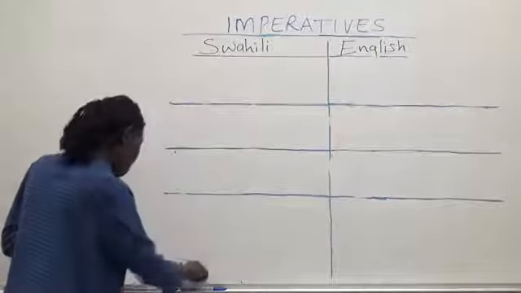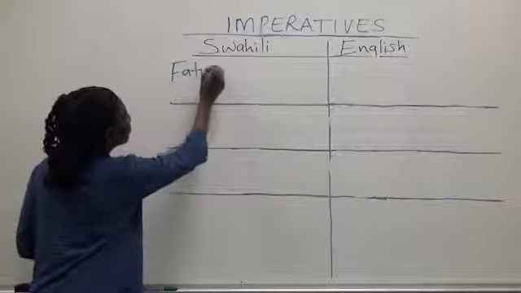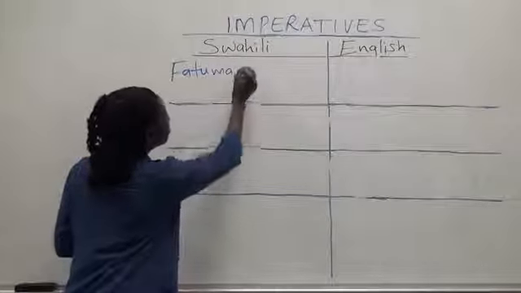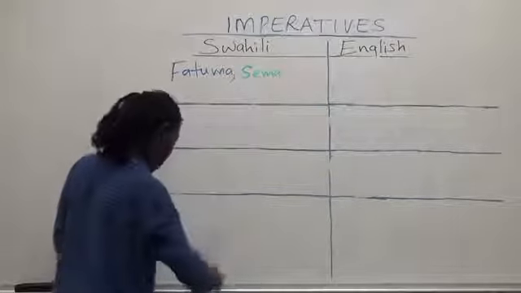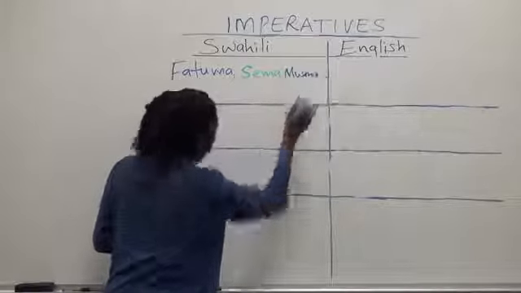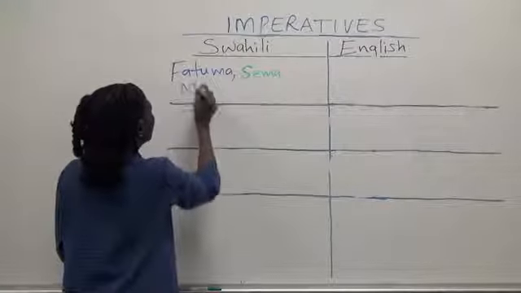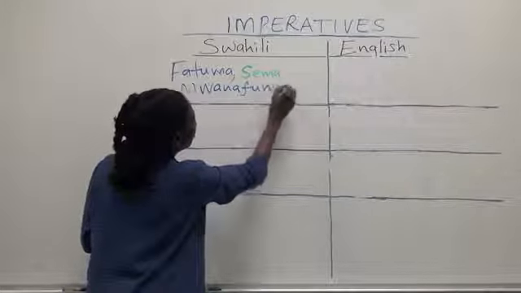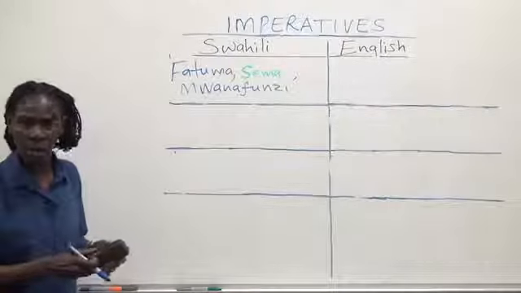Okay? Now, for example, we can have this sentence: Fatuma sema mwanafunzi. Fatuma sema mwanafunzi.